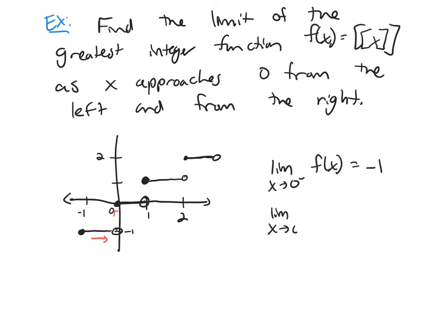Now if I approach 0 from the right, look to the right of 0. Here, my y value is always 0, so this limit would be 0. So there are my two limits.